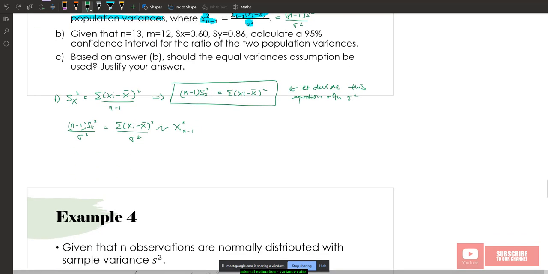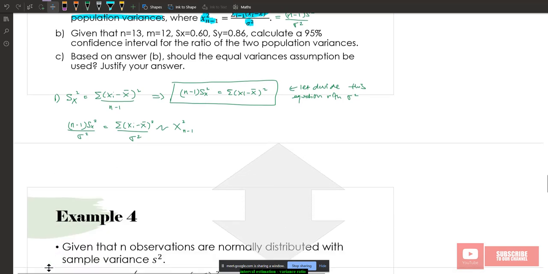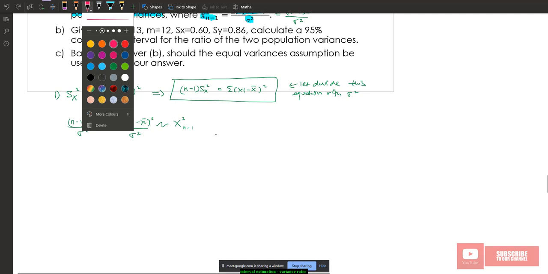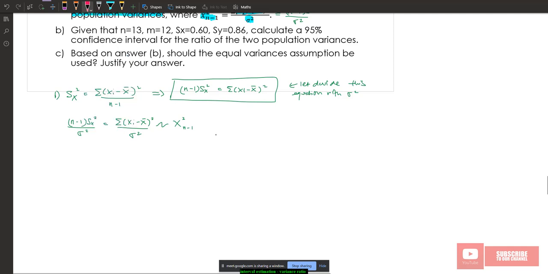Same goes for y, right? Let's use another color. So sy squared equals the summation of yi minus y bar squared divided by m minus 1.